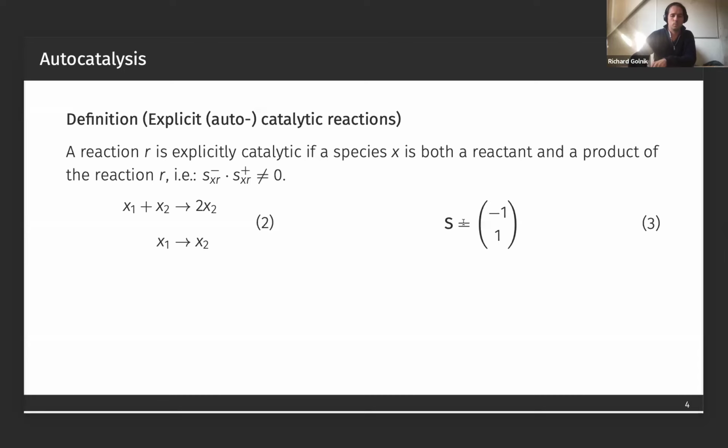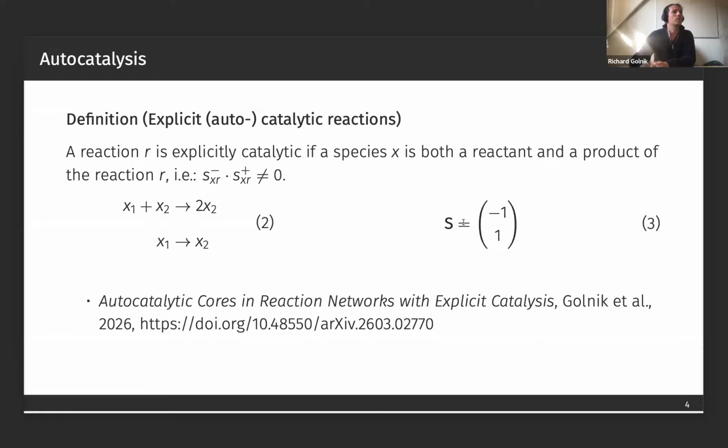And in the first work we excluded this case, but there is an extension to our work which deals with autocatalytic cores in reaction networks with explicit catalysis, but we postpone the treatment of this case to another work.